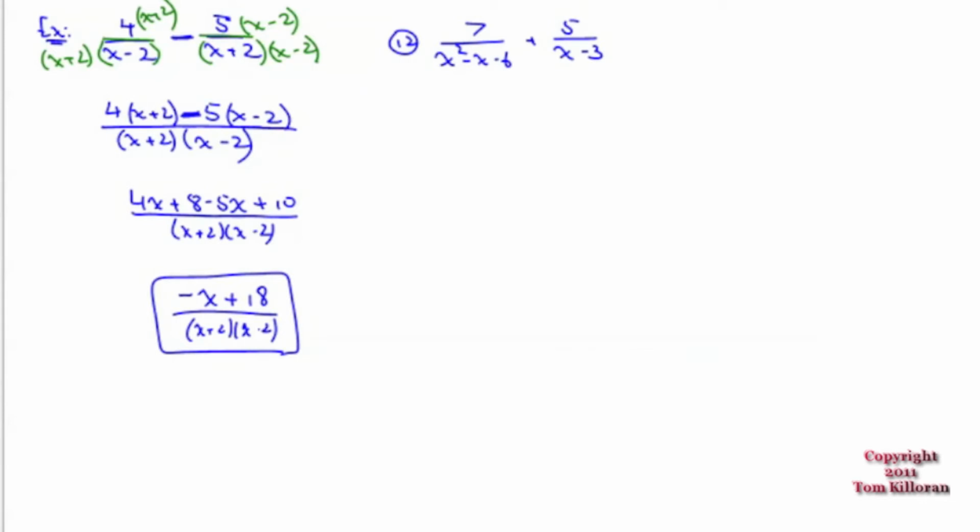Let's discuss the headaches of this one first. If you by chance mistakenly factored x squared minus x minus 6 into x minus 3 and x plus 2, or x minus 2, x plus 3, whatever it is. Or I'm sorry, x minus 6 and x plus 1. Maybe you chose that by mistake.